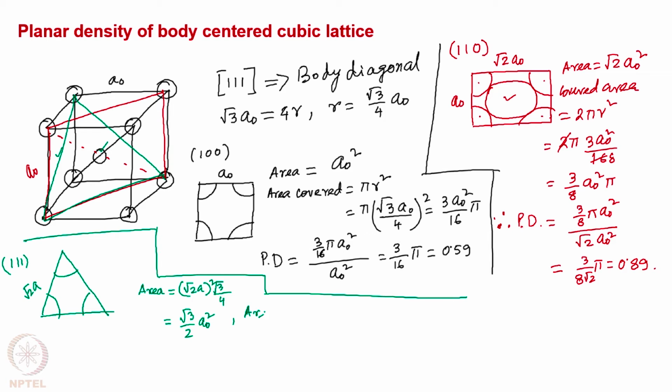Now the area covered is equal to 1/6, 1/6, 1/6. That means 3 parts of 1/6, which means half pi r square. What is r? R is equal to root 3 by 4 a0, so r square is 3 by 16 a0 square.